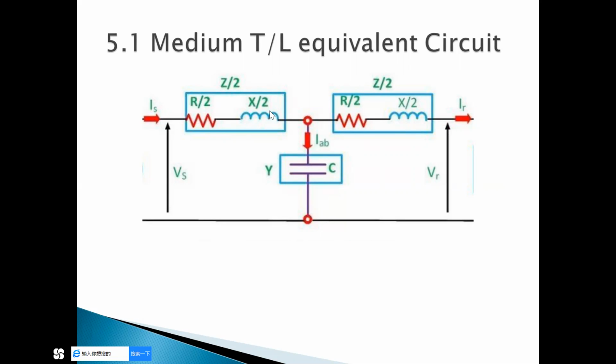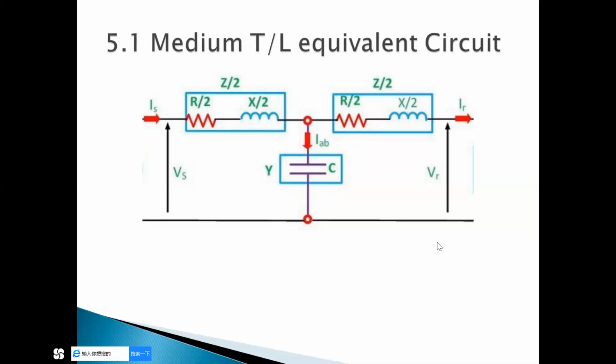If I have 50 ohm reactance, I will write 25 ohm here and 25 ohm here. The admittance is lumped in the middle of both. We divide the resistance and reactance and then lump the capacitance over here, showing it at one point. So this is a T model.